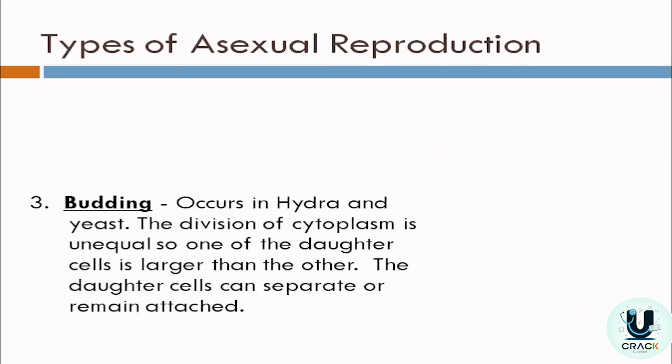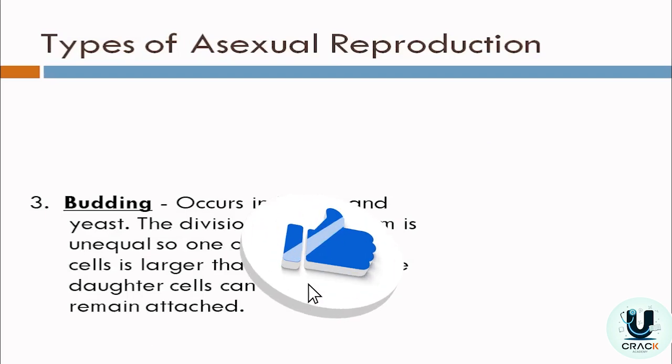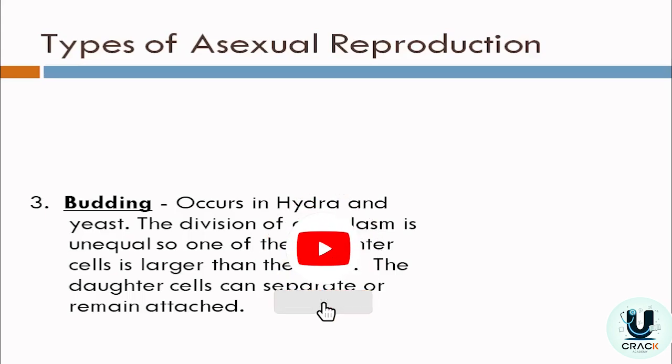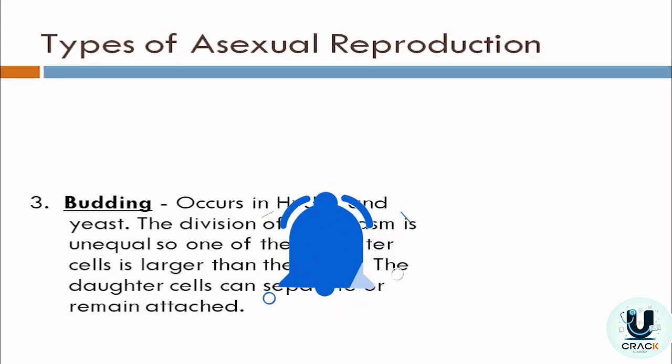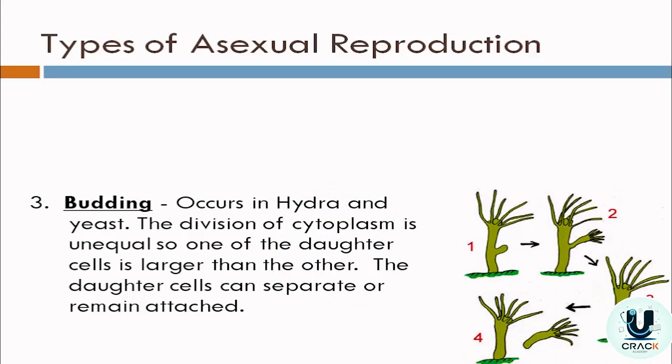Third one, budding. It occurs in Hydra and yeast. The division of cytoplasm is unequal, so one of the daughter cells is larger than the other. The daughter cells can separate or remain attached. In the first picture, you can see something elevated. In the second picture, the fingers have started to grow in Hydra. In the third picture, the extra growth is hanging over.